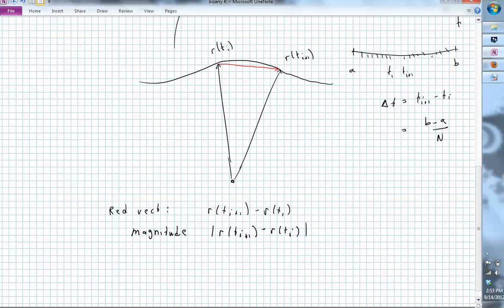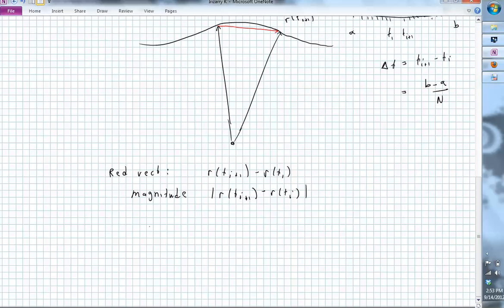Okay, I'd like to sum up all these little distances. So we're going to approximate L by adding up all these guys. So far, so good.